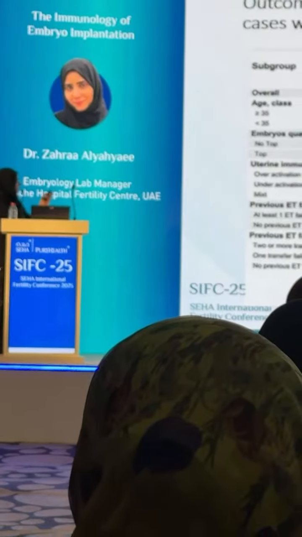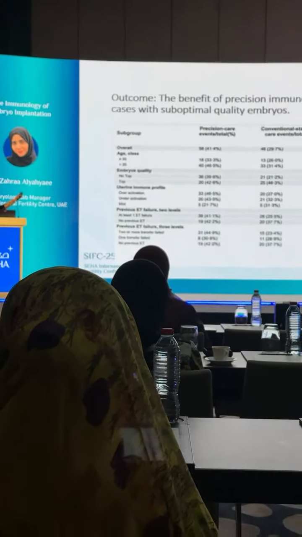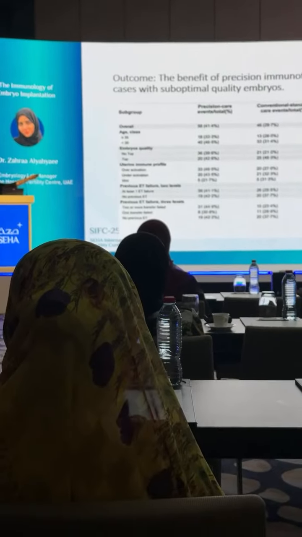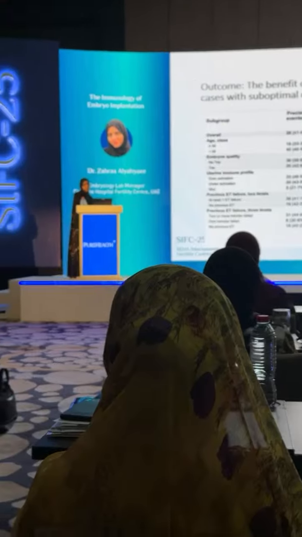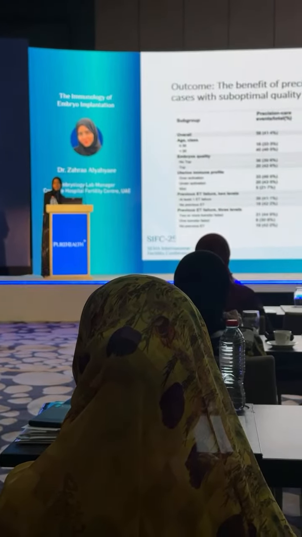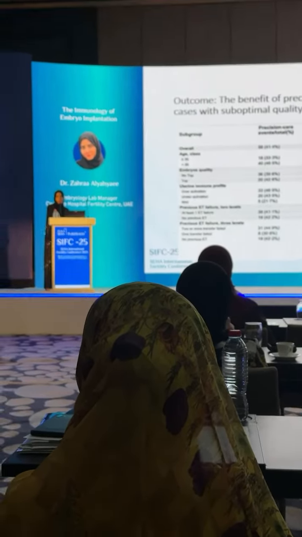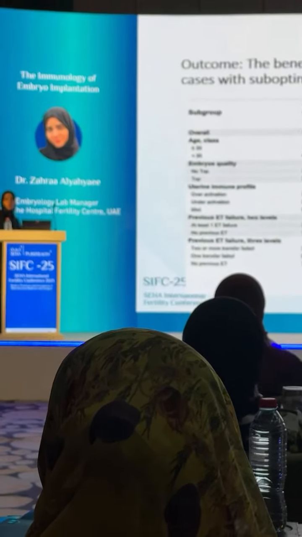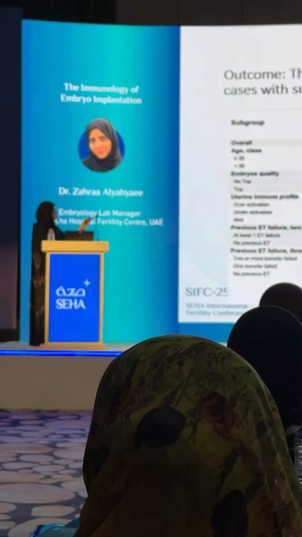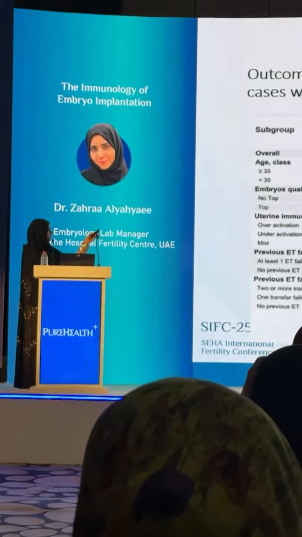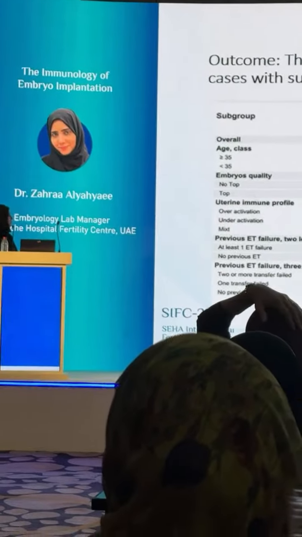What is very interesting is that, based on embryo quality, the patients with suboptimal embryo quality had a significantly higher rate of live birth with a suboptimal embryo. This is really a highlight for us as embryologists and clinicians, because we know that an embryo with suboptimal quality will give us a 20% chance of pregnancy, but according to this study, it gave a 36% chance, which is higher.